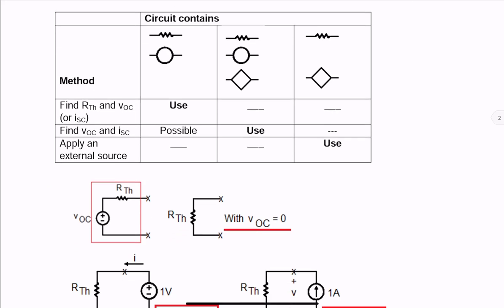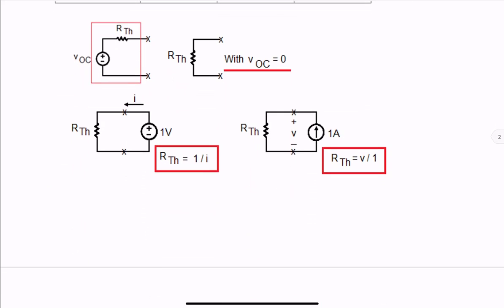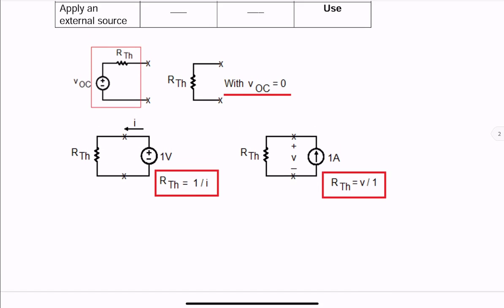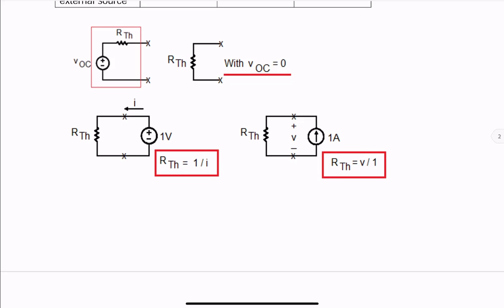If we look at the Thevenin's equivalent, we're looking at a practical voltage source. However, since there are no independent sources in the circuit, open circuit voltage is zero, so that voltage source has 0 volts, which means basically it's a short circuit.